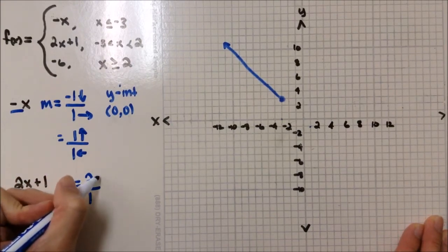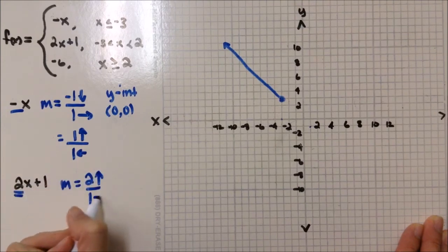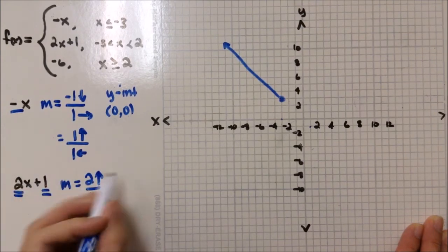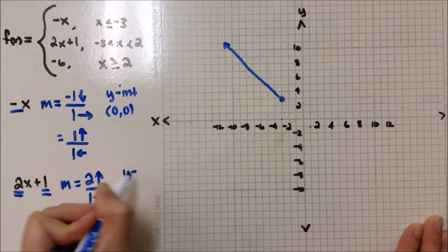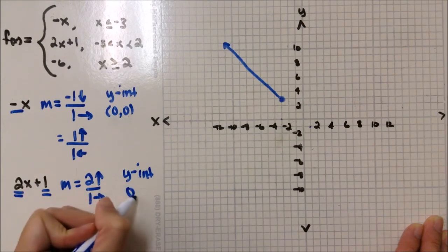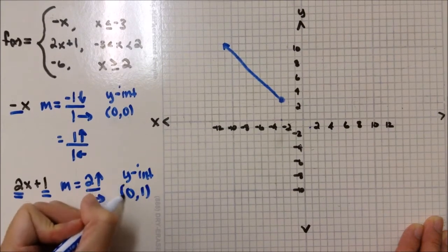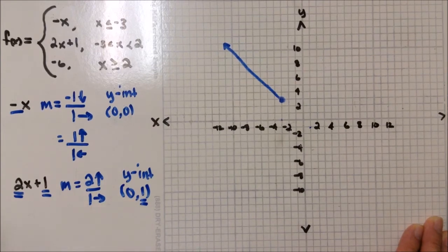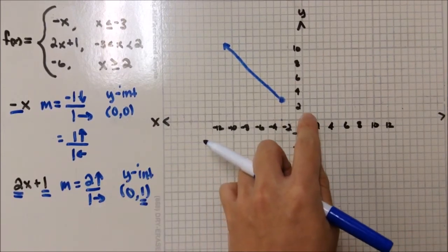Since it's positive 2, it's going to go up 2, right 1. And then here's our y-intercept. Our y-intercept is going to be 0, 1, the coordinate. Again, the 1 came from here. And x is always 0. So let's look at the y-intercept right here.